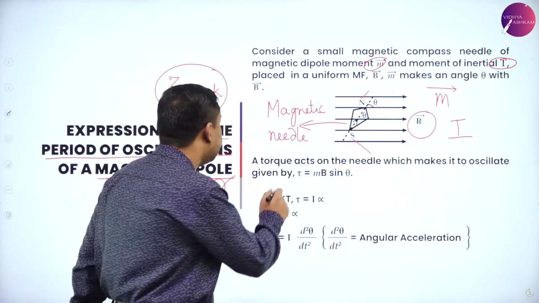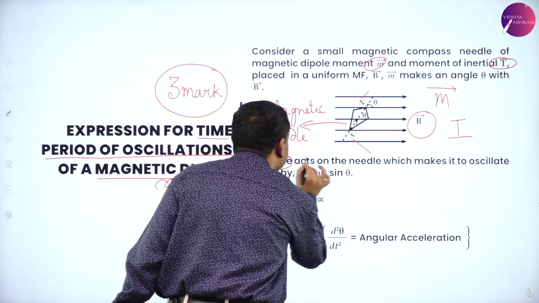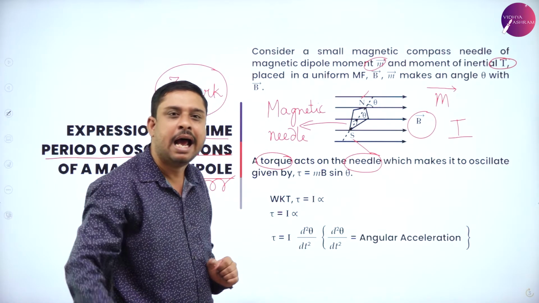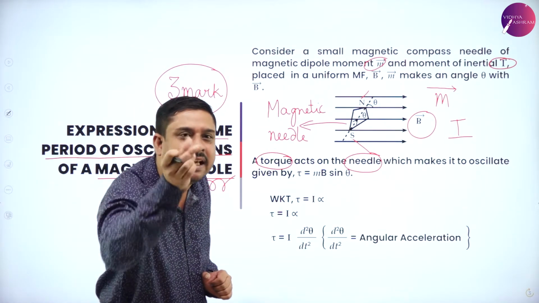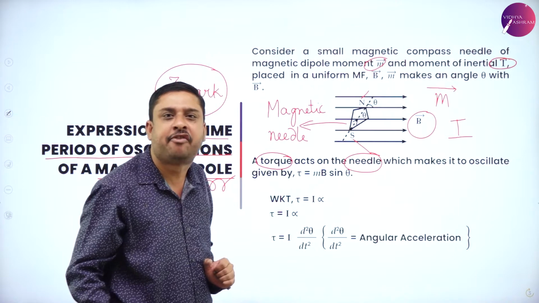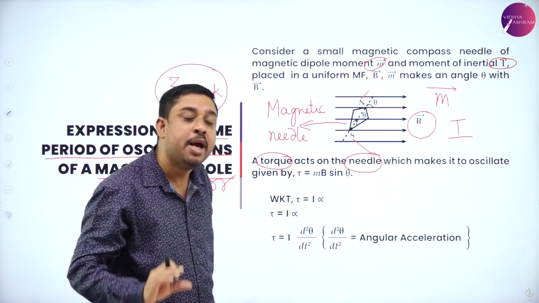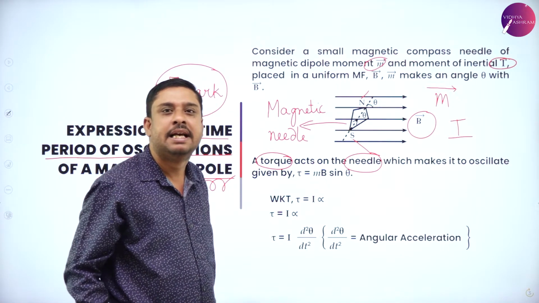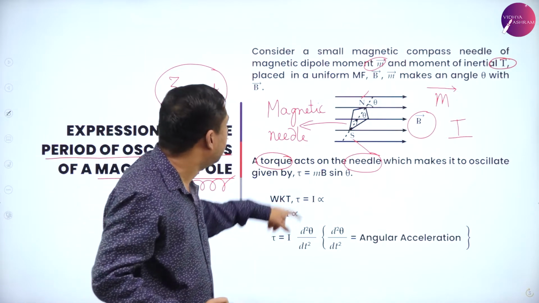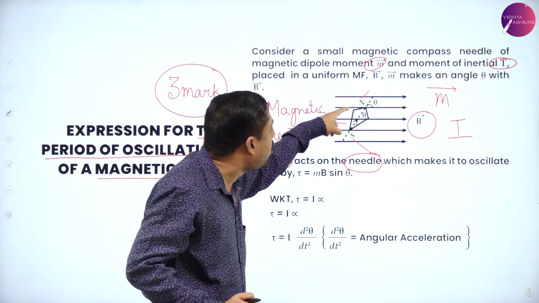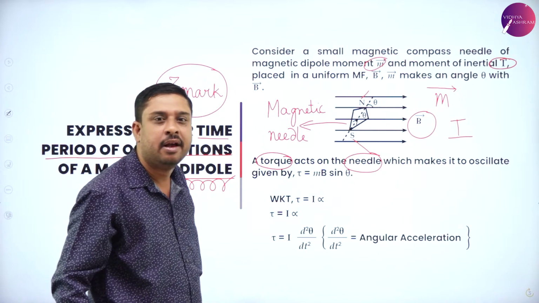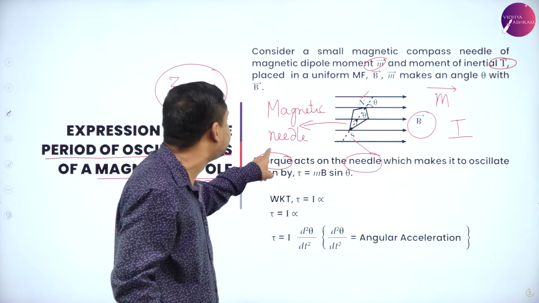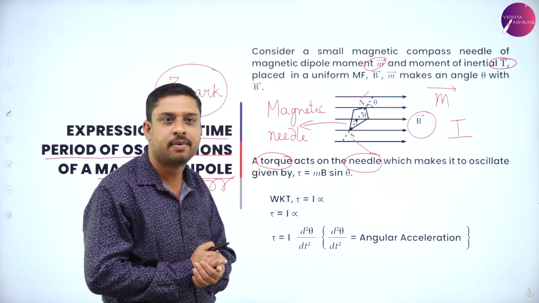Now, there is a torque which acts on the needle and oscillates the needle in the magnetic field. Because of the magnetic field, there is a torque acting on this needle, and exclusively the needle oscillates because of the torque.